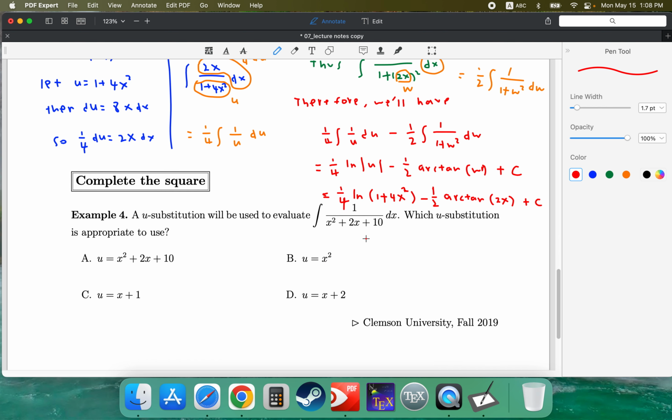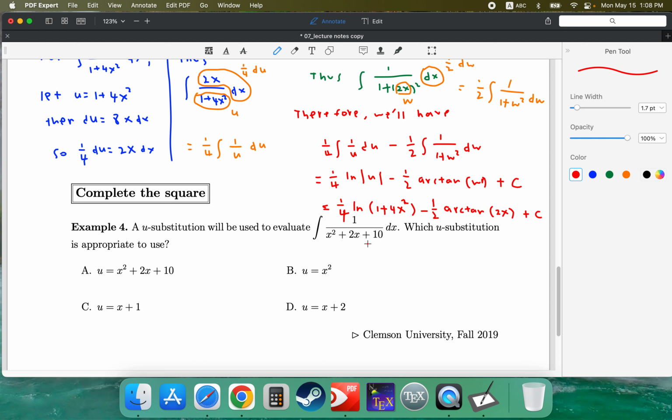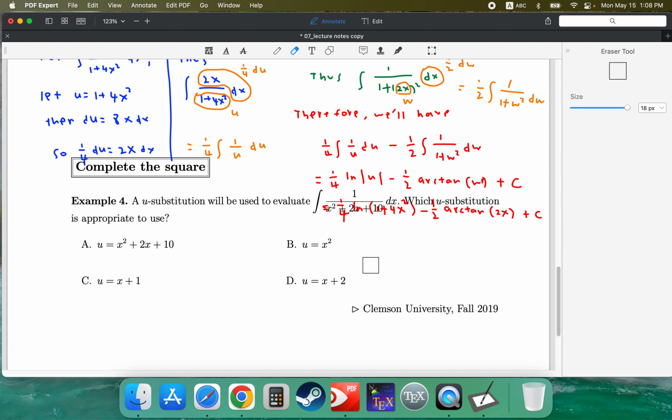So let's take a look at this. If your u is quadratic, then your du will be linear. So that means you need an x on top. But do you have x on top? No. So that means we don't choose A, we don't choose B, because they will be wrong.